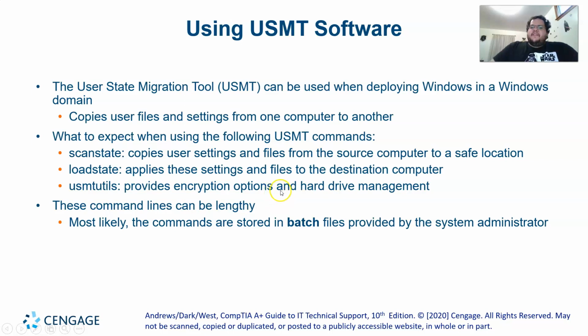The User State Migration Tool can deploy Windows in any Windows domain. It pretty much copies what you need and pushes it out any way you need to other computers. So if you install a computer, then go to another computer and log on, all your information is there. As an example, if I'm here in Detroit, I could go down to New York, log into a computer, and all my files from Detroit are there.